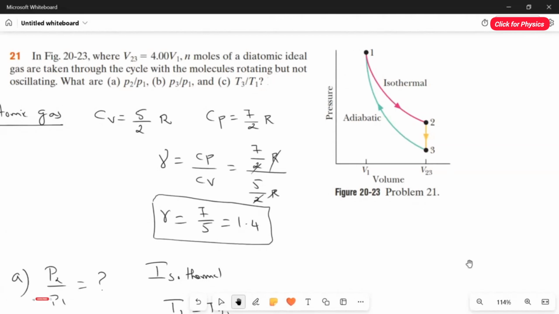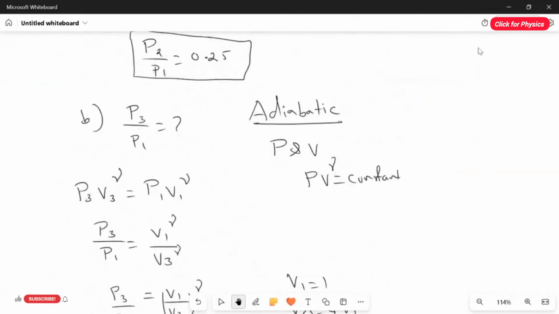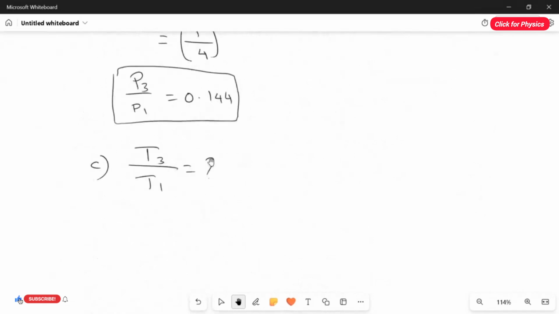Again we are going to use the adiabatic curve because in the question they mentioned T3 and T1. So again points 3 and 1 refer to the adiabatic part. This time we are going to study the relation between temperature and volume. In the theory we studied TV gamma minus 1 equal to constant. So based on that I am going to apply that rule here.